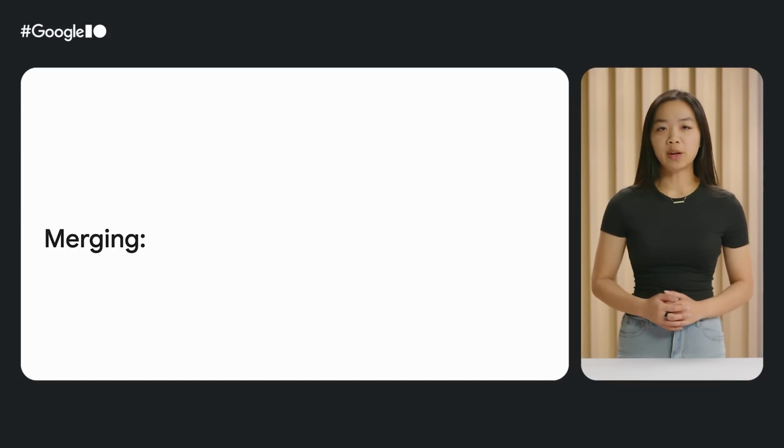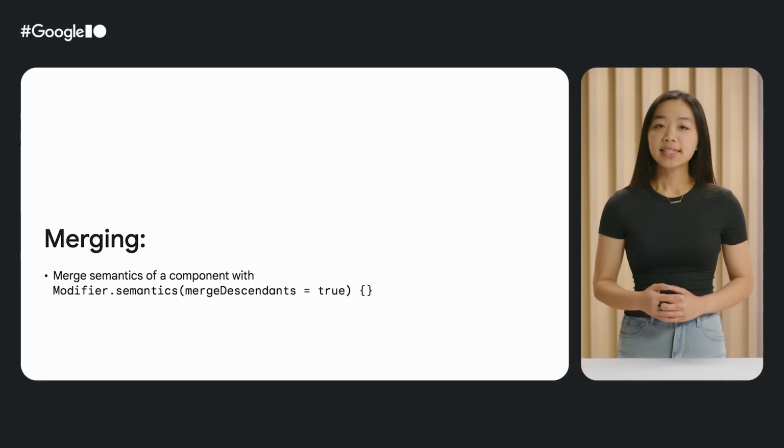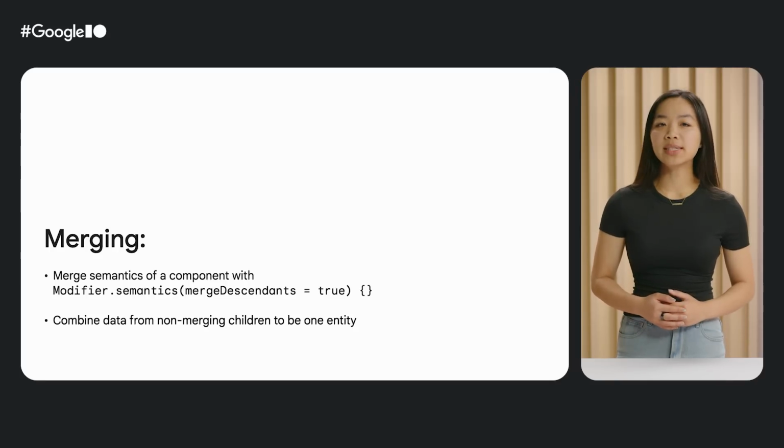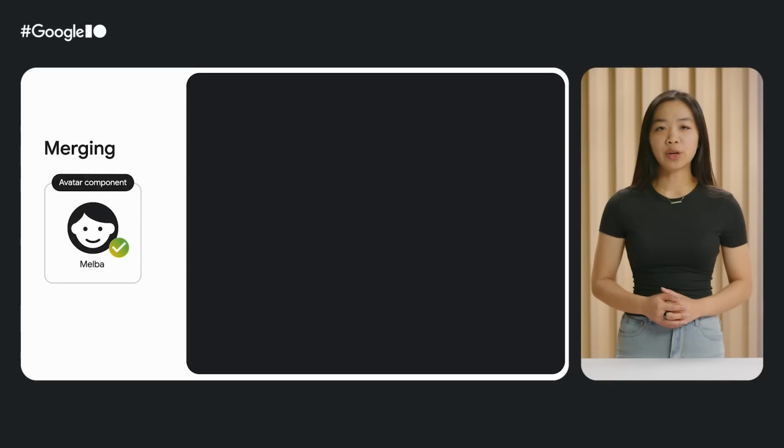This is done by setting modifier.semantics merge descendants equals true. Under the hood, merging components like a material button and modifier.clickable or modifier.toggleable set this flag to true as well. Setting this API collects and combines data from non-merging children, as merging won't apply to any children that are merging themselves.